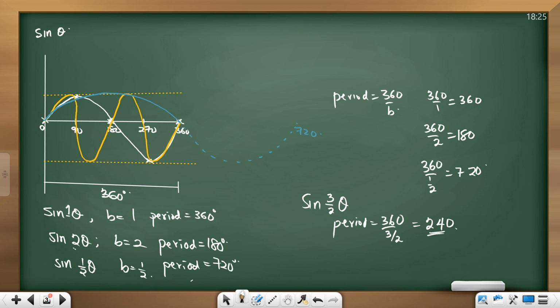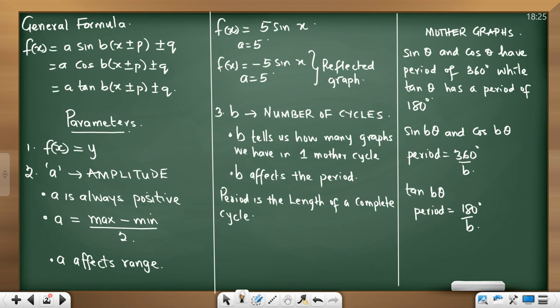When we draw, you are also going to see all of those, especially for tan graph. I'll be combining sine and tan graph. Let me put a note here quickly.